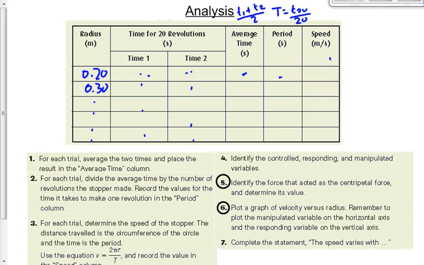Now, speed is going to be 2 pi r divided by T. So you're going to say 2 times pi times 0.2 in this case, divided by T, the period that you just calculated. Okay, fill it in. Then keep going through that, doing the same thing for all the rest of your trials, all 5 of your trials.